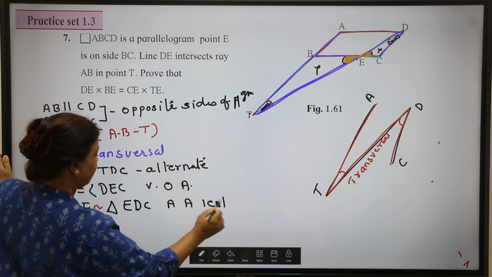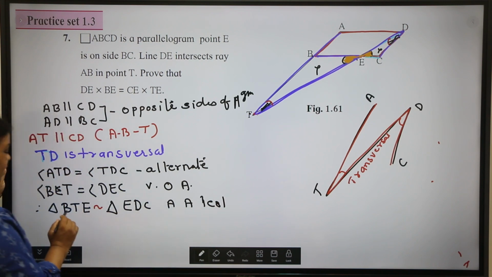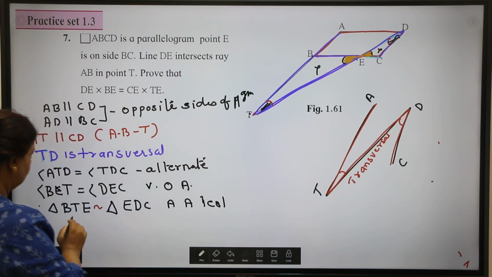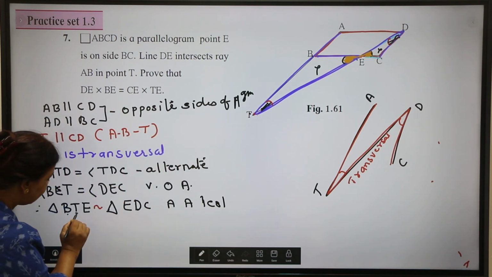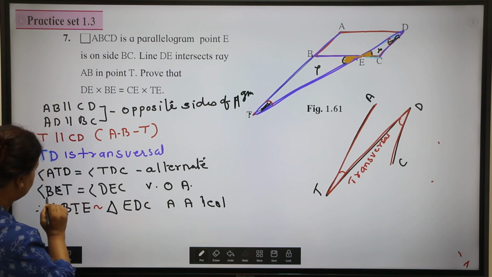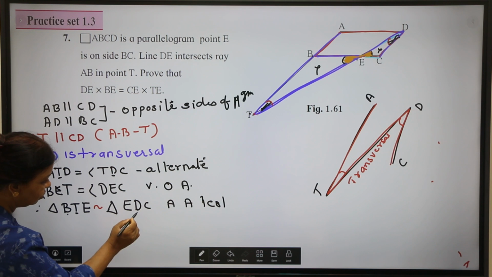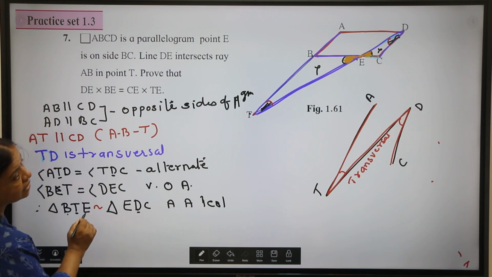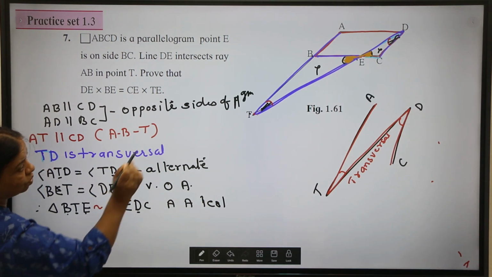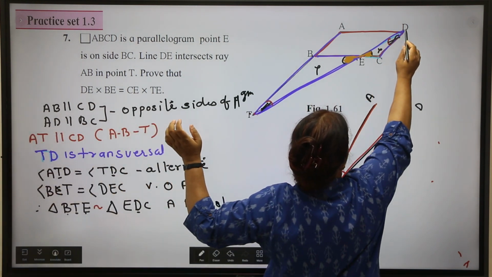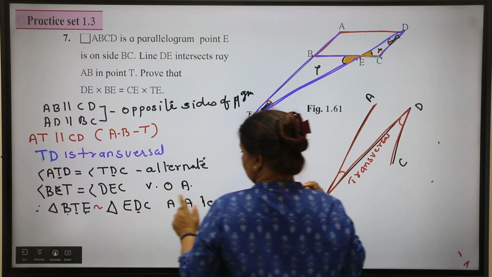Let us see whether I wrote the corresponding angles properly or not. B, T, E: BTE, and T is equal to D. T is equal to D, na. So T is equal to D and E is equal to E. BTE is equal to DEC.